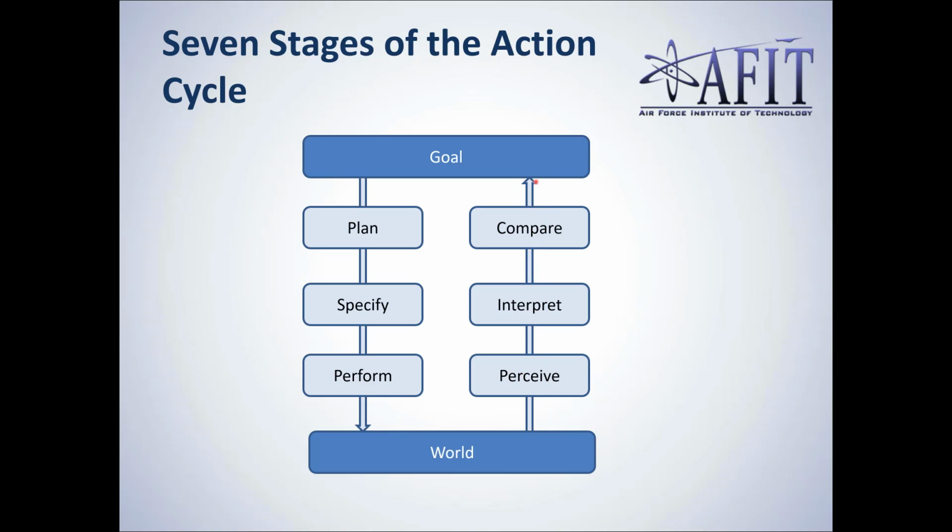And so in our interface designs, we want to make sure that we identify the goal and that we provide steps which allow them to move down through a plan, to specifying that plan, to performing that plan, and back up to where they're able to see the impact of the steps that they performed, interpret those to understand whether in fact they have achieved what they've specified, and then to compare the outcomes back to that plan. And so we want to make sure that we support the accomplishment of these goals through each of these steps within our interfaces.